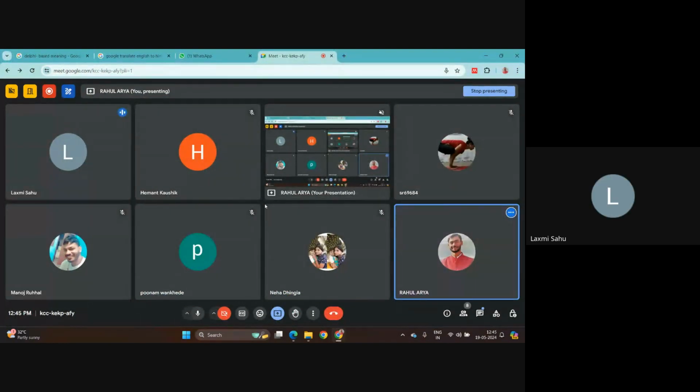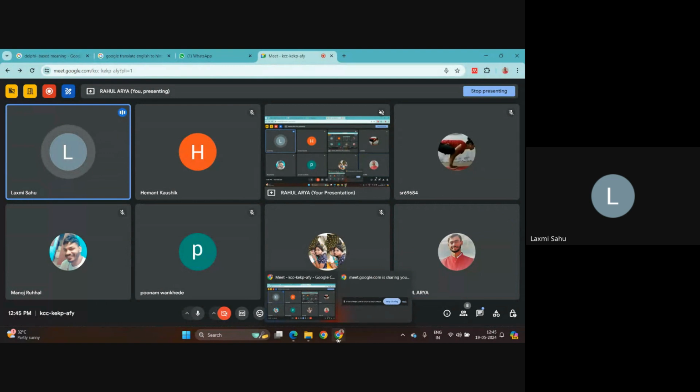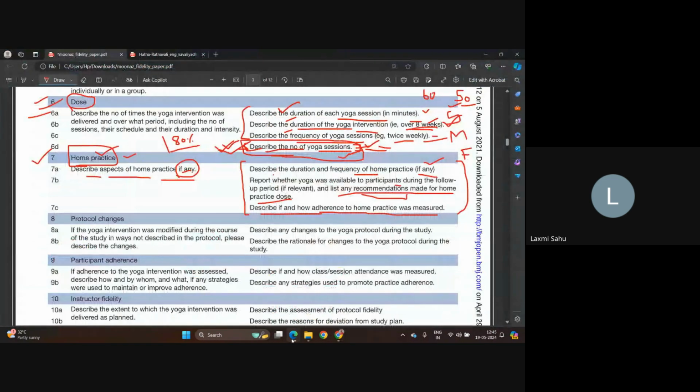Sir, if home practice is described in our intervention, we have to measure it with tools like a diary. Why is it necessary to maintain the diary? What is the need? To avoid bias, sir.